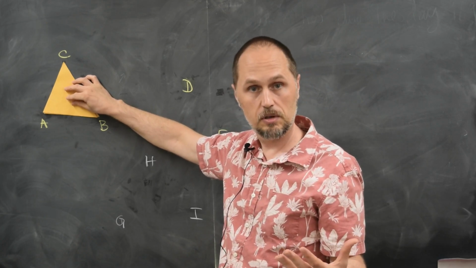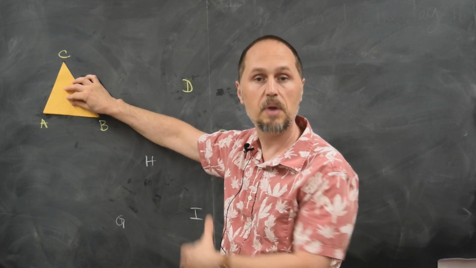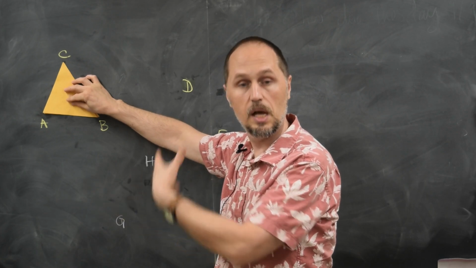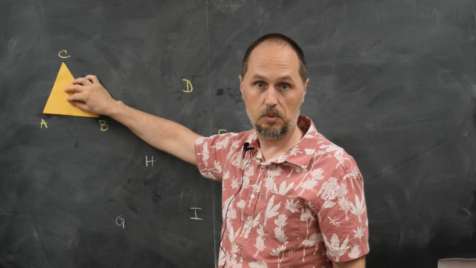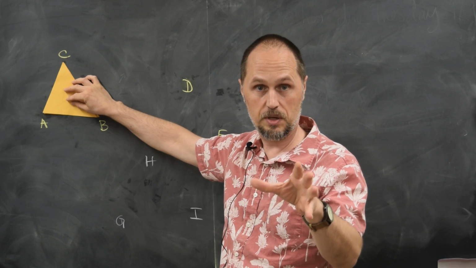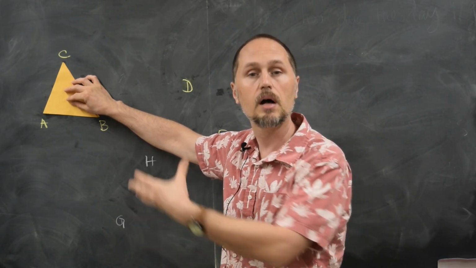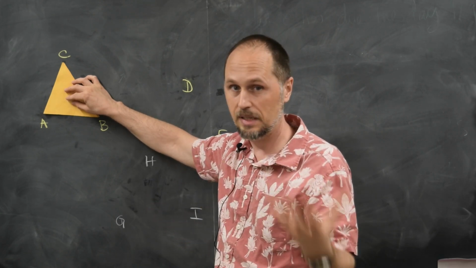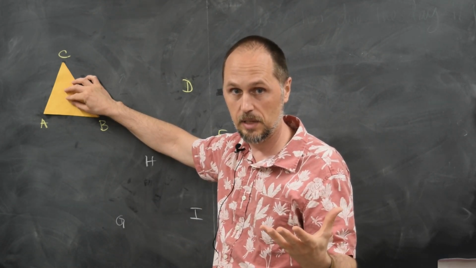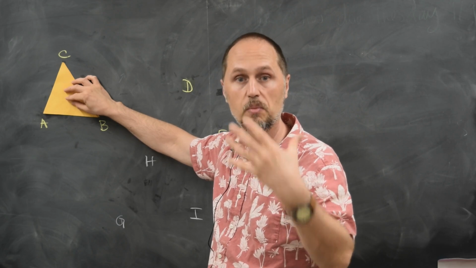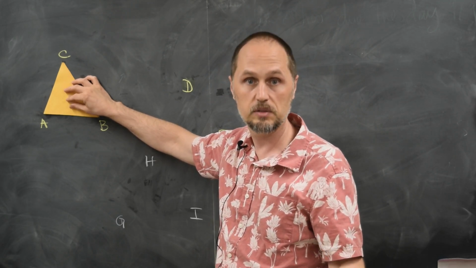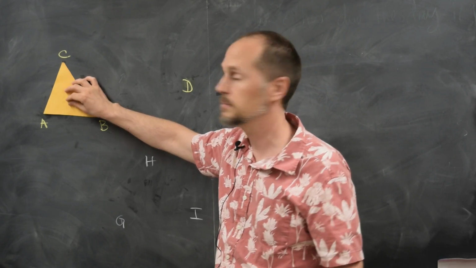So these triangles are congruent, and we've checked it by this method of picking up the triangle and putting it on top of the other one. So our goal here is to make sense of what we mean by that, picking up a triangle and putting it on top of the other one. That's not a well-defined mathematical idea, so we're going to put some theory to make it into a well-defined mathematical idea.